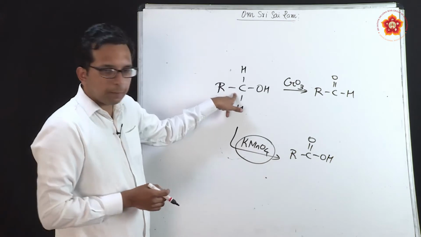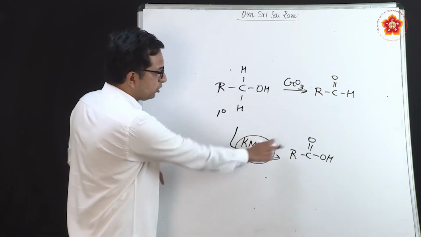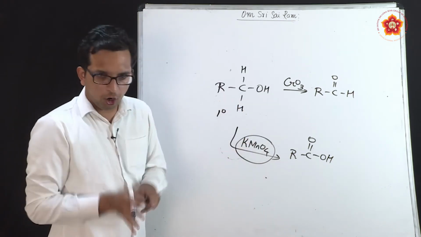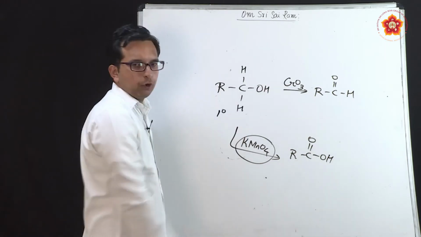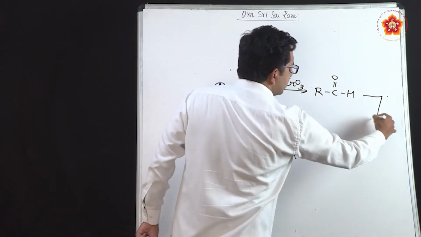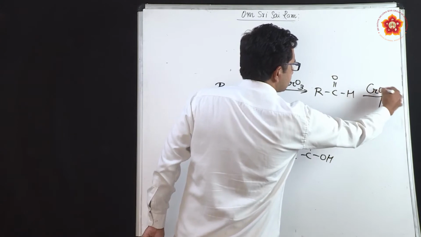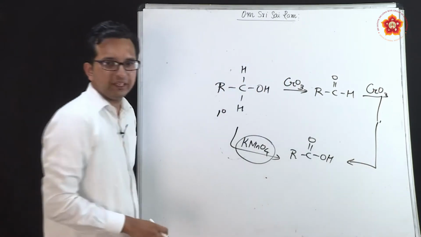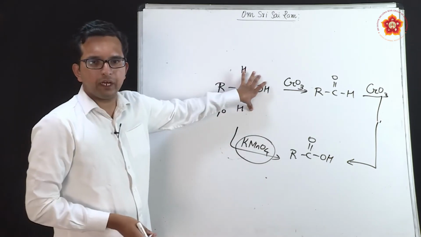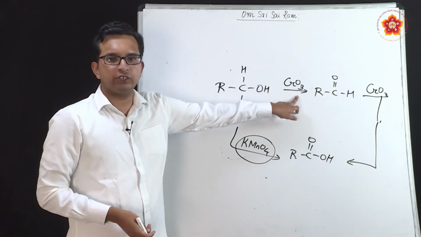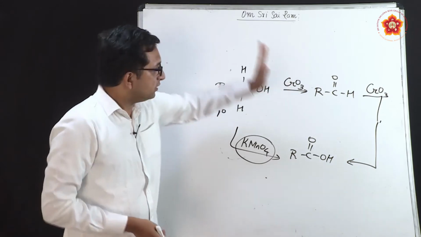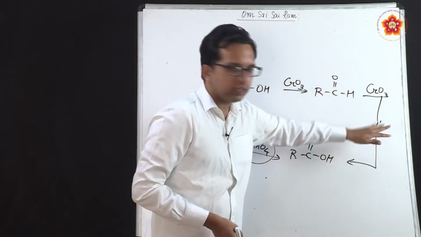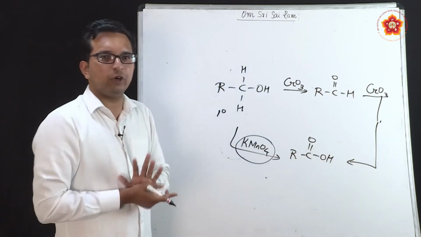So, either use a primary alcohol and directly use a strong oxidizing agent, or take it to this step only. Suppose you run this reaction for a long time with CrO3. What is basically happening is that you started with a primary alcohol and because it was a controlled oxidation, you formed aldehyde. Since you continued it for a long time, this does not mean that another CrO3 molecule is added.